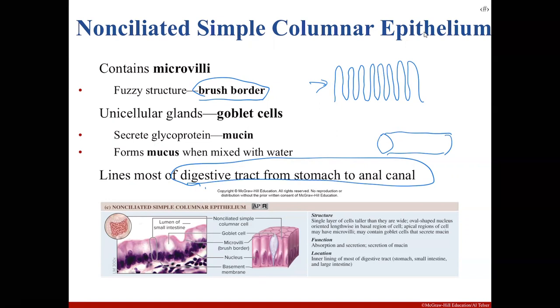Okay, now columnar epithelium can have these cells, not everything has them, called goblet cells. So goblet cells are cells that actually secrete. Okay, so some of them secrete mucus.